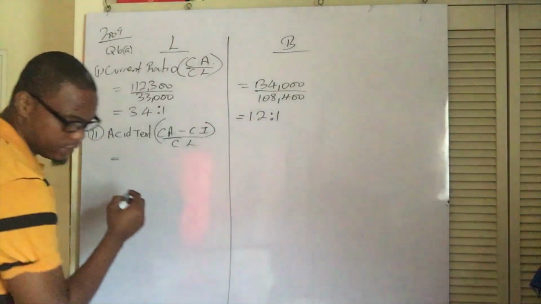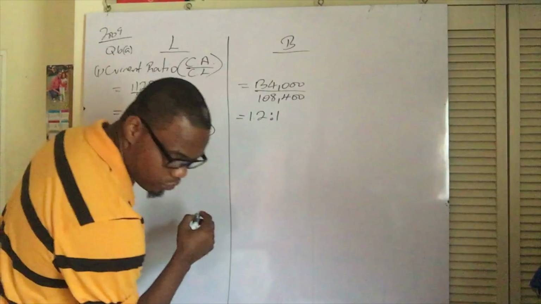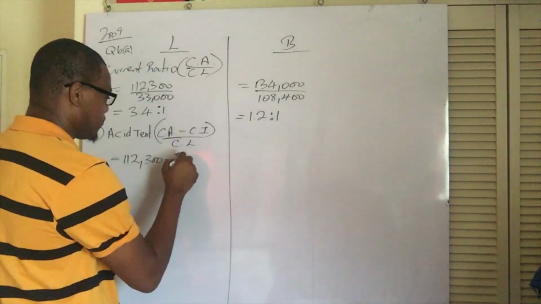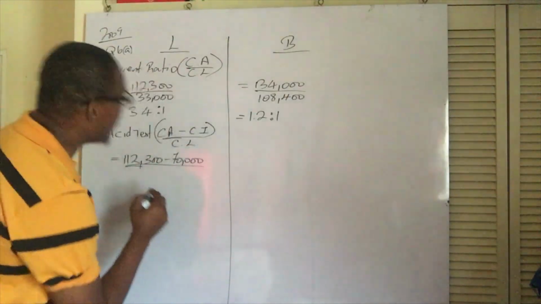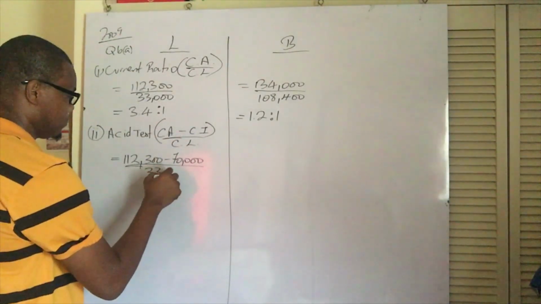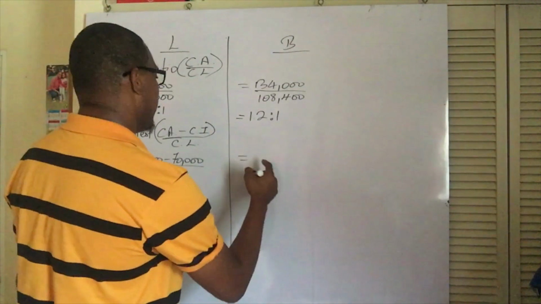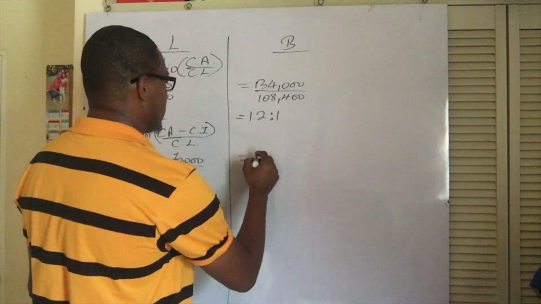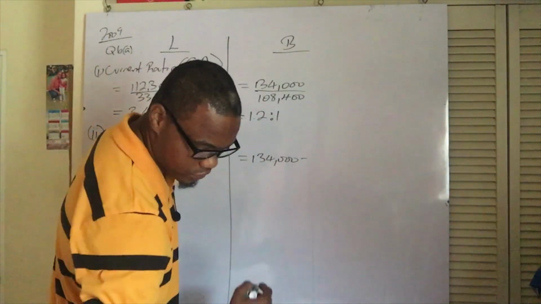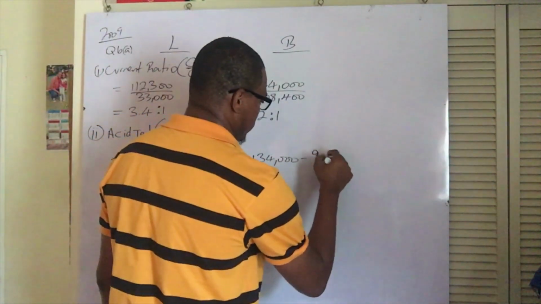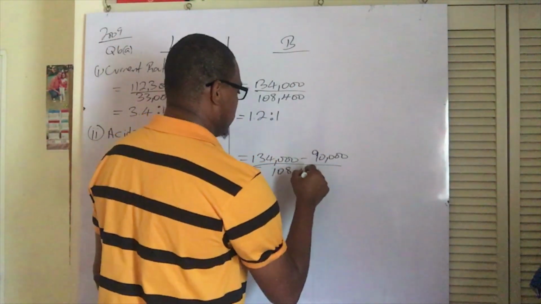So then it is 112,300 minus the closing inventory, which is 70,000, divided by the current liability, which is the same 33,000. For this person, it is 134,000 minus the closing inventory, which is 90,000, divided by 108,400.